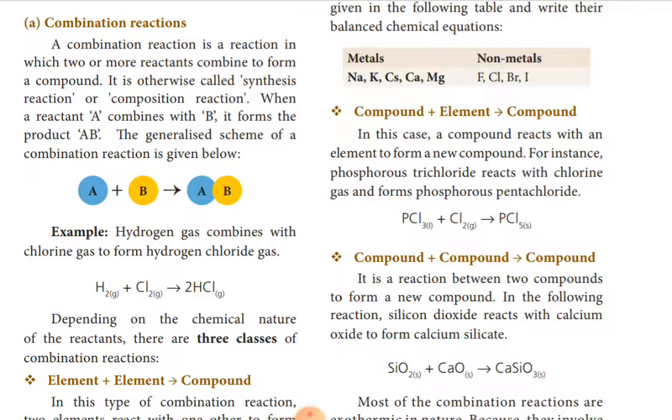Silicon dioxide is a compound, calcium oxide is also a compound. These two react to give calcium silicate, a new compound, the product. So three types of combination reaction: element plus element gives compound, compound plus element gives compound, compound plus compound gives compound.